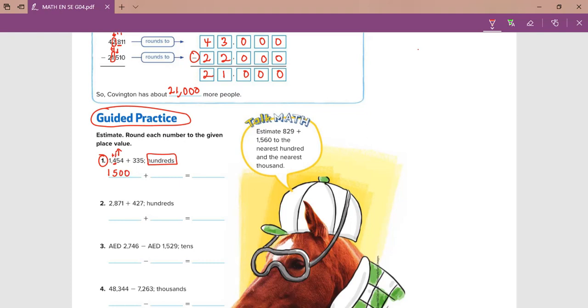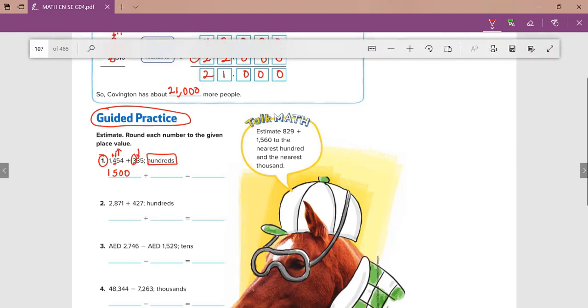The next number is 335. The hundreds place number is 3. Check the next door, 3. 3 falls in the category of 0, 1, 2, 3, 4. You can see it's less than 5. So do nothing to this 3. So it remains 3. The remaining 2 numbers turn 0.